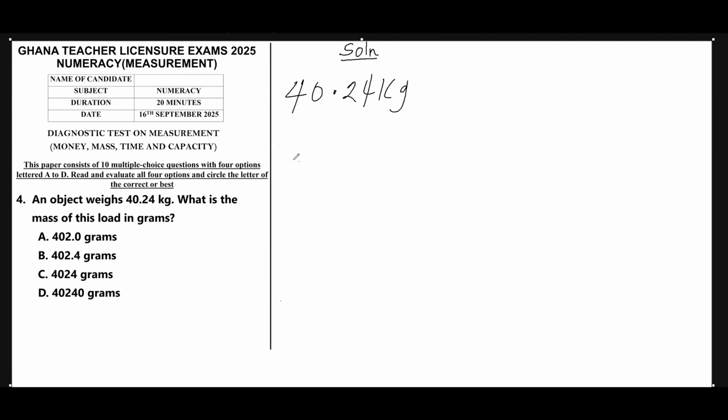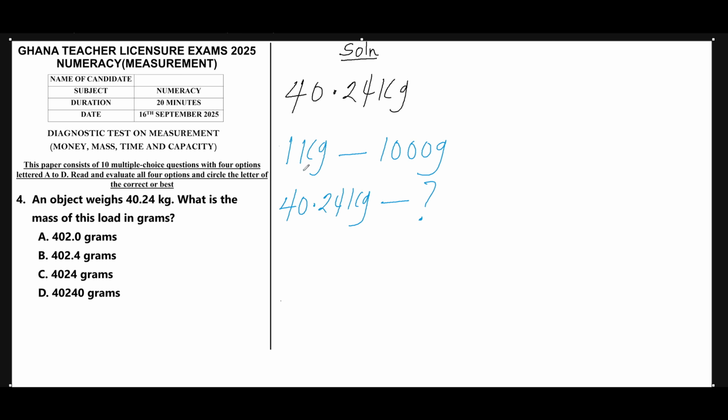We know that every 1 kilogram is equivalent to 1,000 grams. Now we have 40.24 kilograms, so this must also give us a certain weight in grams.